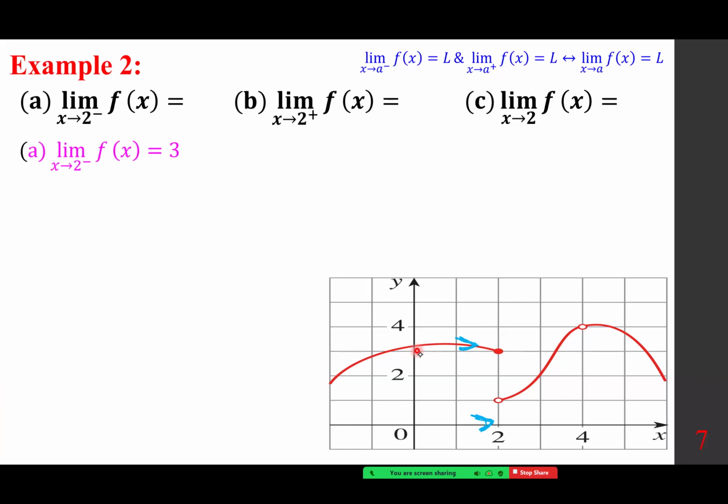Now the limit of f of x as x approaches 2 from the right. So from the right side of 2, coming this way, we are in this branch, moving towards this point, and this point has the answer 1. So are they identical? No. The limit of f of x as x approaches 2 does not exist, DNE.